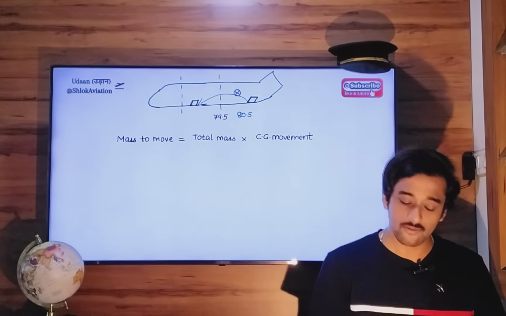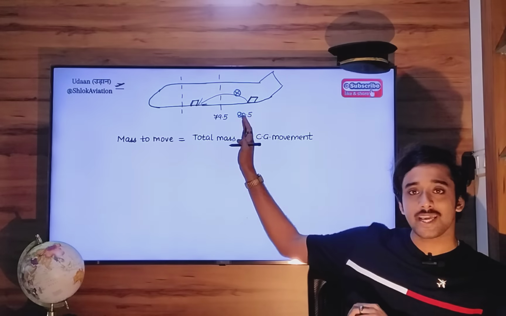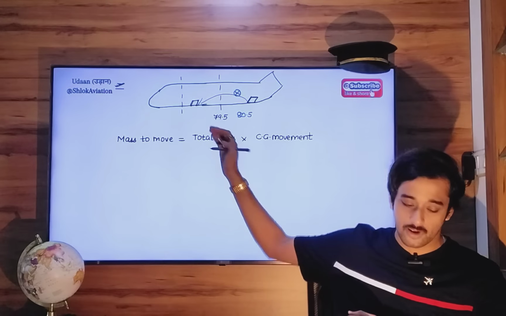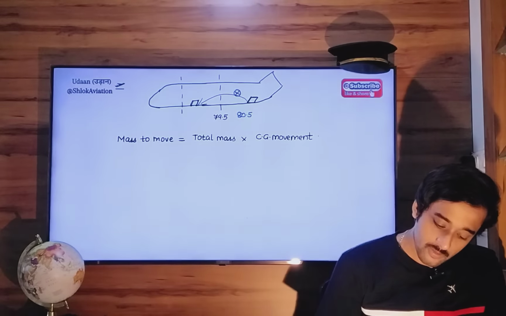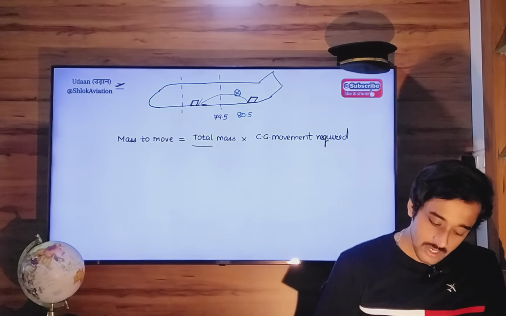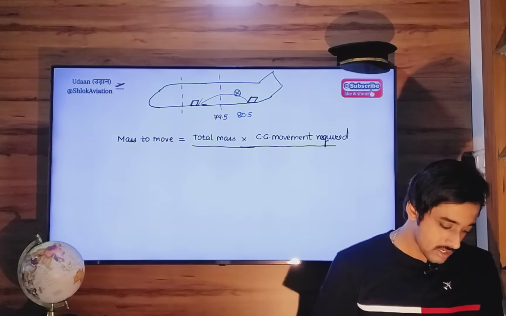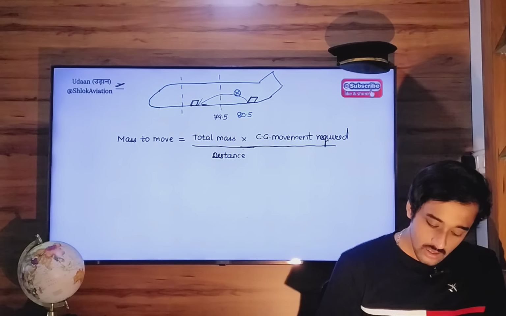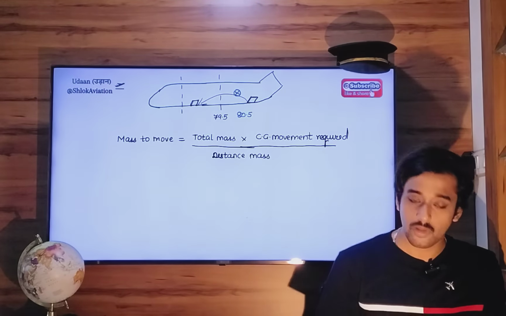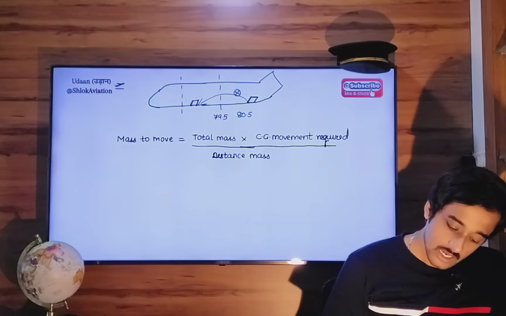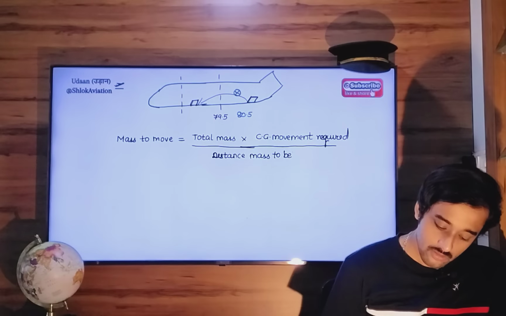So in this case, we have to move our center of gravity from 80.5 to a new position, that is 79.5. So center of gravity movement required, the change required, divided by distance, how much distance this mass has to be moved from here to here, the distance the mass is to be moved.